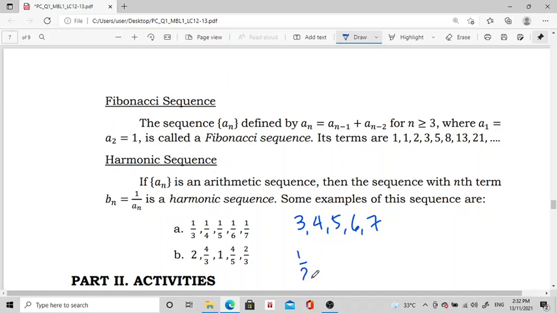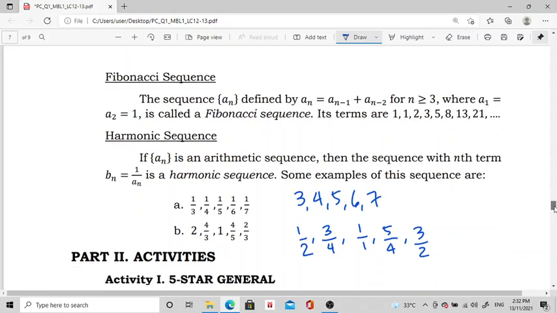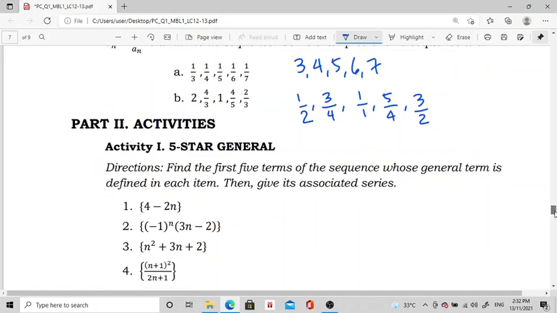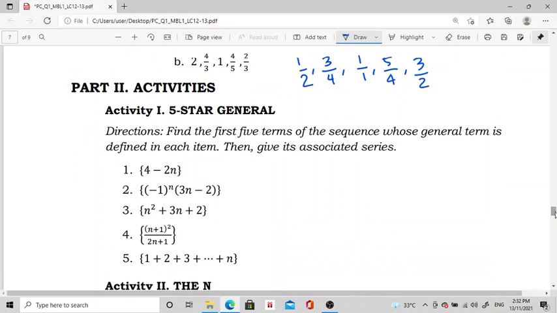Pag kinuha natin yung inverses, then meron tayong arithmetic sequence na ang common difference ay 1/4. 1/2 plus 1/4, 3/4. 3/4 plus 1/4, 1 whole. 1 plus 1/4, 5/4. 5/4 plus 1/4, 3/2. So, I guess that ends my presentation.